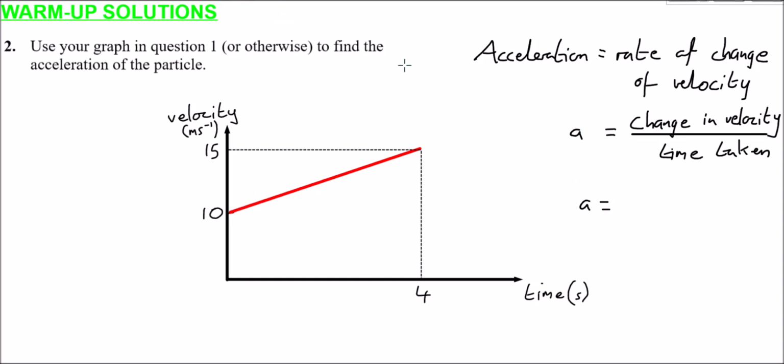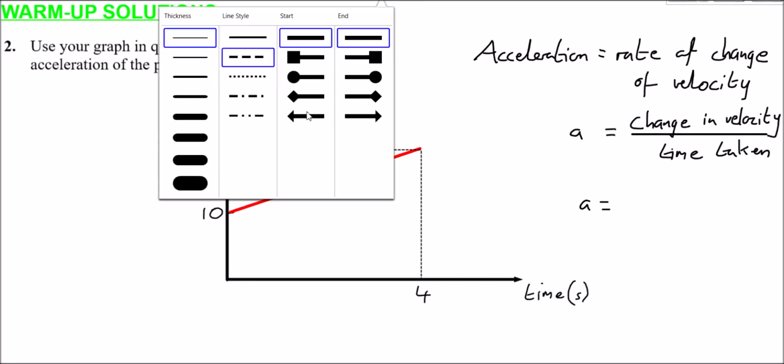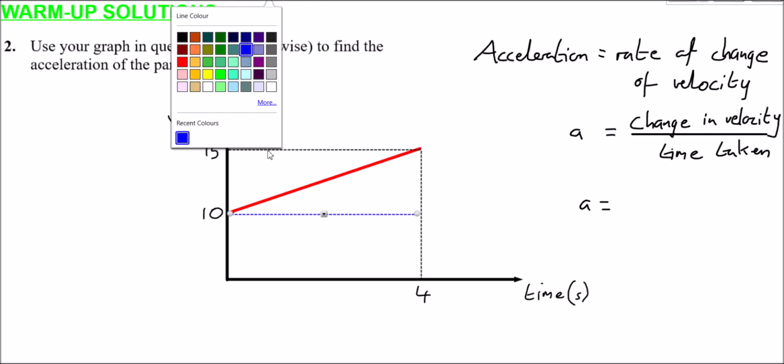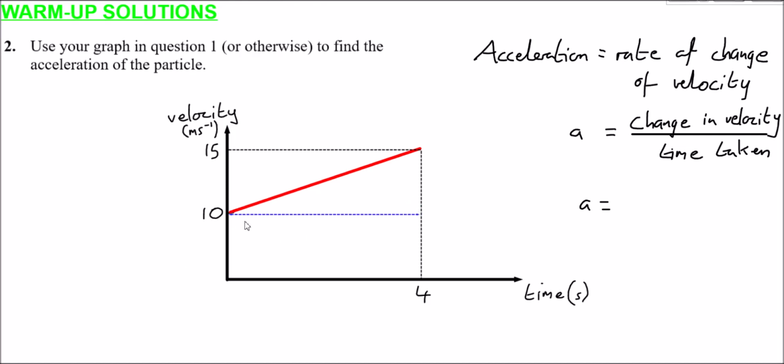from this point to that point, let's just consider the length of this line. If I change the colour of that line, just to make it clear that it's a different type of line to what we had before, then from there to there, we can see that's 4 seconds.